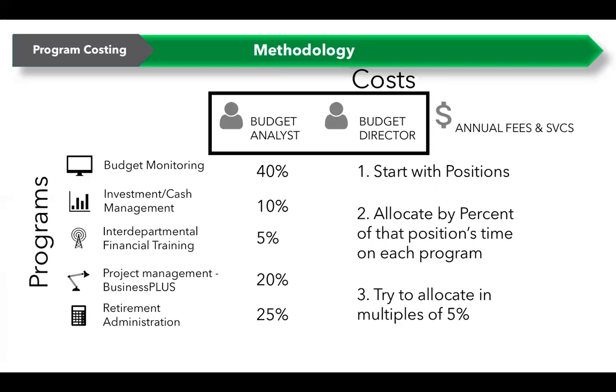On the other end of the spectrum, if you're allocating 90% of your time to one program, you might want to talk with Danielle about considering breaking that program into 2 smaller programs, simply so that we can get a more accurate representation of where you're spending your time.